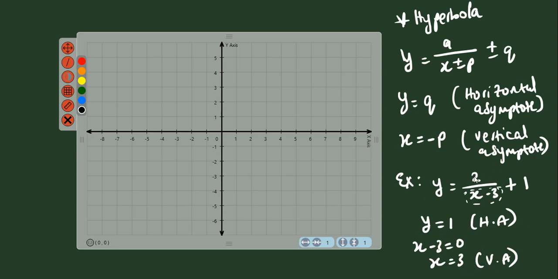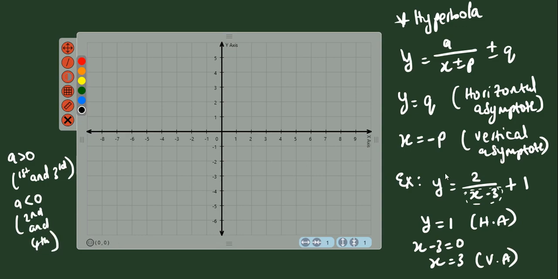If you were to sketch this graph, you have to remember that if a is positive, your graph will be in the first and third quadrant. But if a is negative, your graph will be in the second and fourth quadrant.